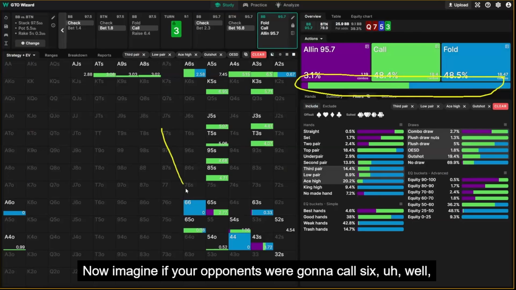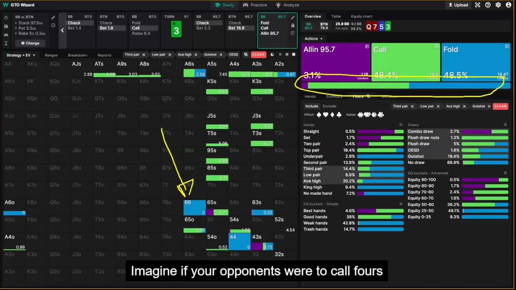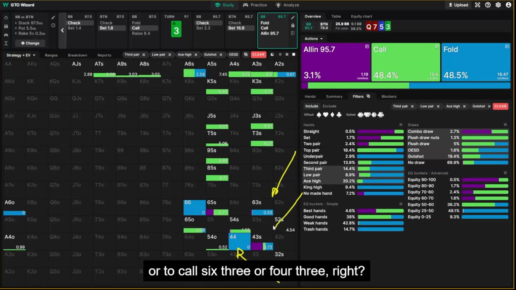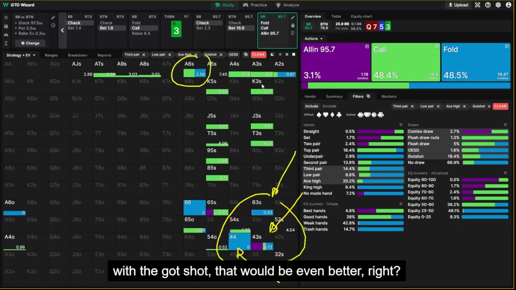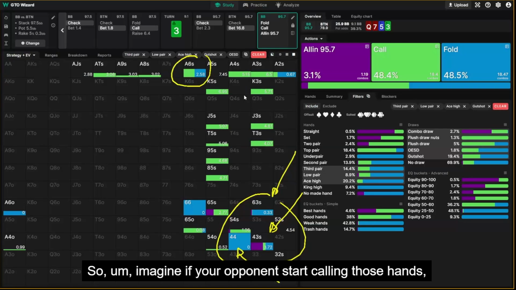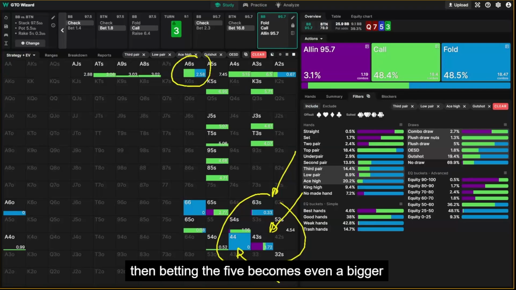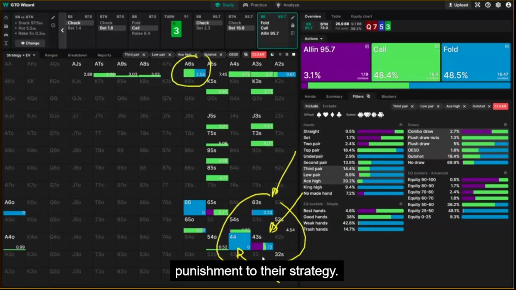Now, imagine if your opponents were going to call 6, sixes specifically hurts the 5. Imagine if your opponents were to call 4s or to call 6-3 or 4-3, right? If they start calling ace-6 with the gutshot, that would be even better, right? So imagine if your opponents start calling those hands, then betting the 5 becomes an even bigger punishment to their strategy.